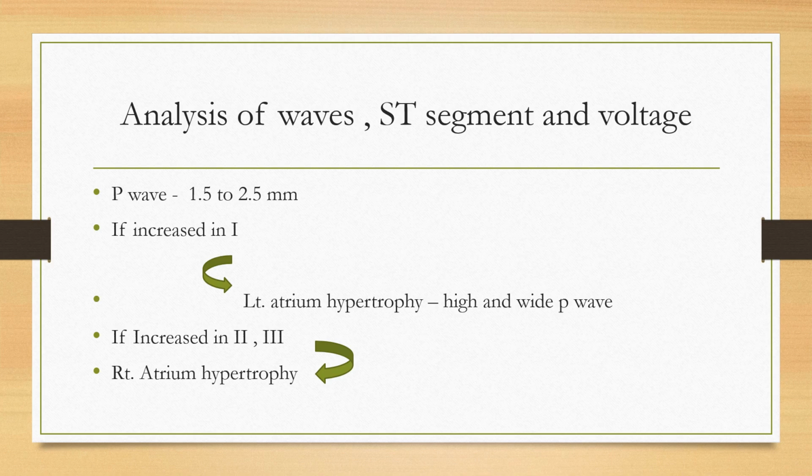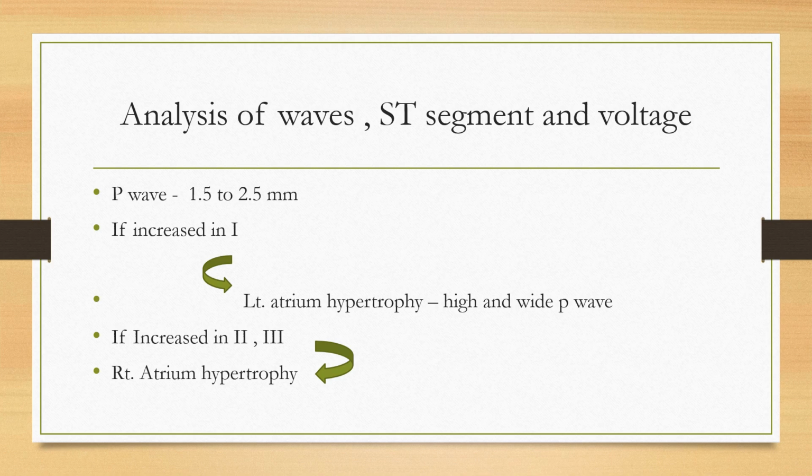Next, the final step is the analysis of waves, ST segment and voltage. The normal P wave is rounded, and its amplitude is 1.5 to 2.5 millimeters. If P wave is increased in first standard lead, then we can say about left atrium hypertrophy, and we will see the P wave become wide and high in amplitude.